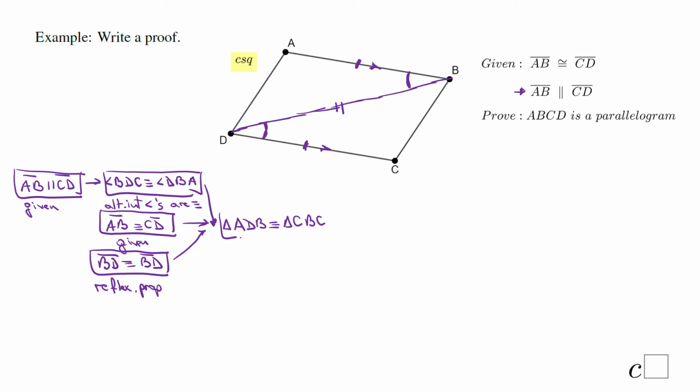And why we can write this statement is because simply we have what is called side angle side, right? The two corresponding congruent sides and the angle included. And very similar to what we did before, now I'm going to write what? Angle ADB, this angle, is congruent to angle CBD, this angle.